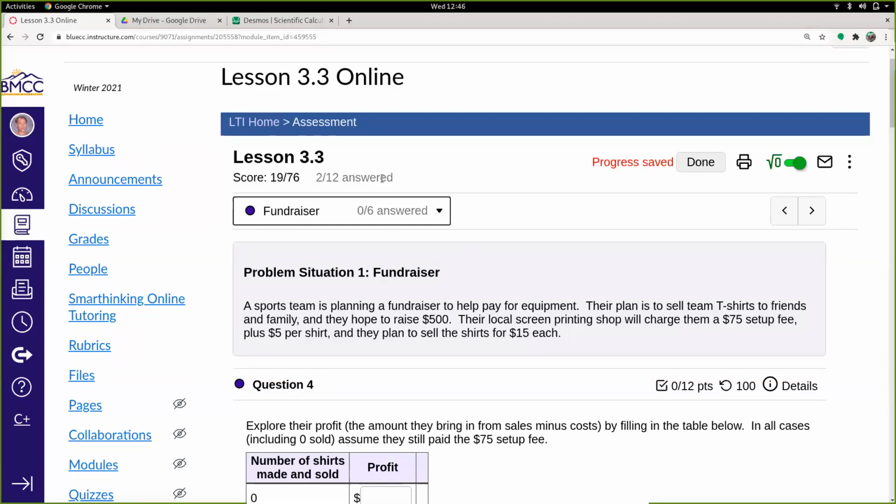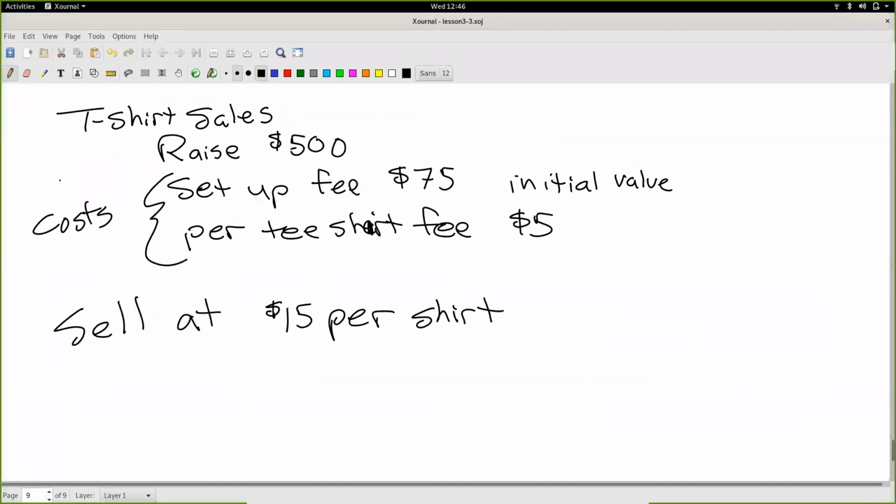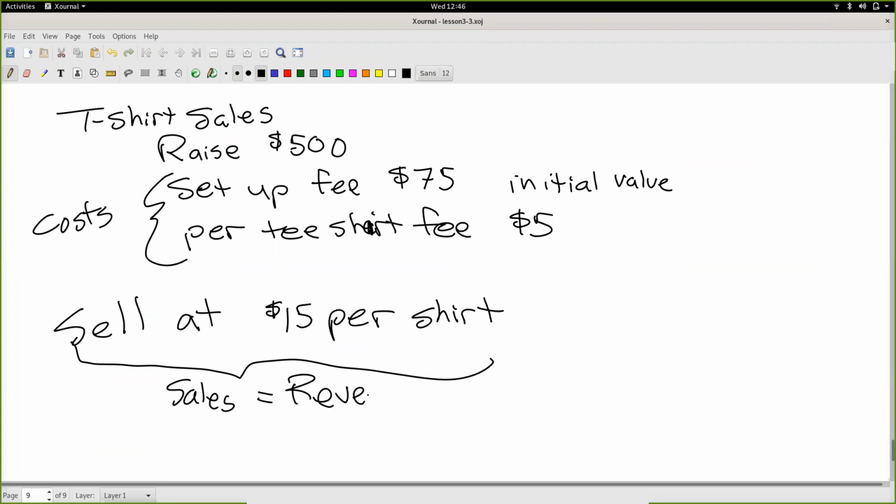So profit is always the sales minus the cost. Sometimes we say it's revenue minus cost. So for sales, sometimes the sales money is called revenue. And what we want to know ultimately is what's the profit? And profit is always those sales, that revenue, minus the cost.